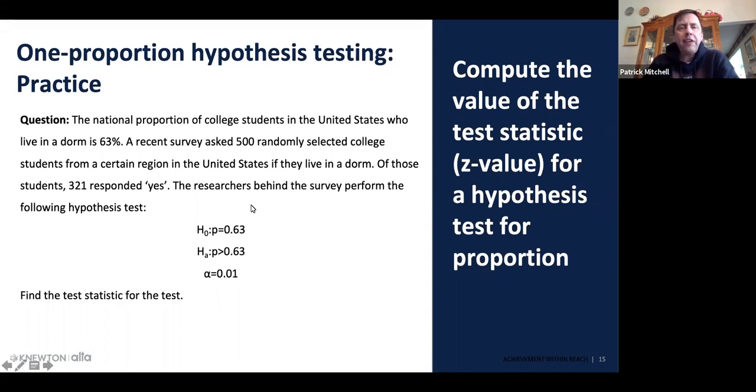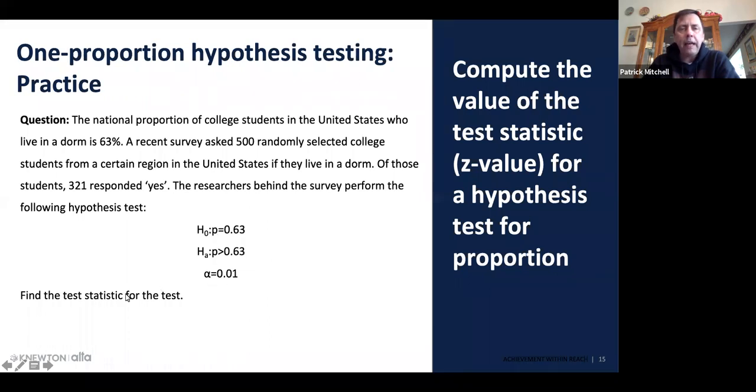It looks like a claim has been made that in this region, that percentage is higher. There are more students who live in dorms, which would lead to this alternative hypothesis. The null hypothesis is p equals 0.63, and the significance level is alpha equals 0.01.